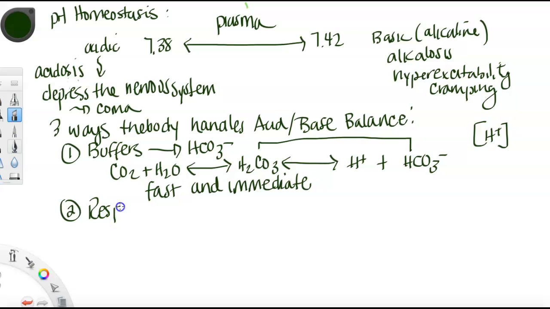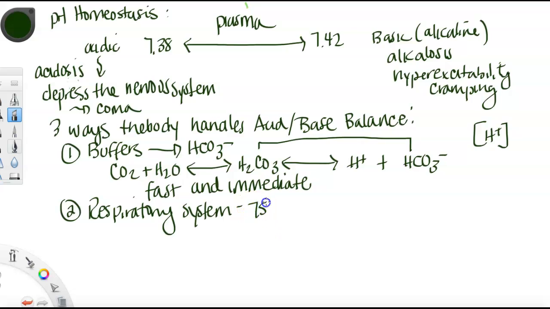Okay, the second way that we deal with acid-base balance is the respiratory system. So we talked about that a little bit with the respiratory system. If we have a lot of hydrogens, we can make carbonic acid, and then we can break that apart into carbon dioxide and water and then blow that off. Okay, we can just breathe it out.